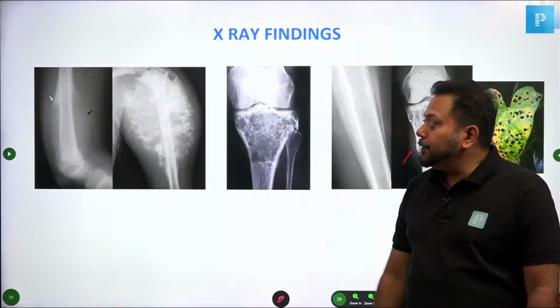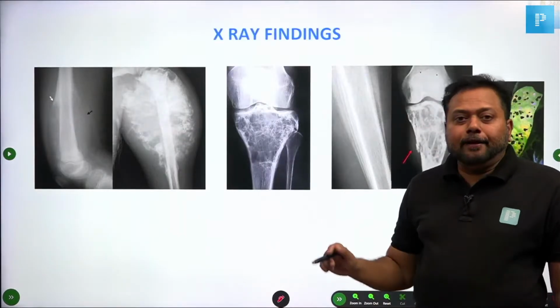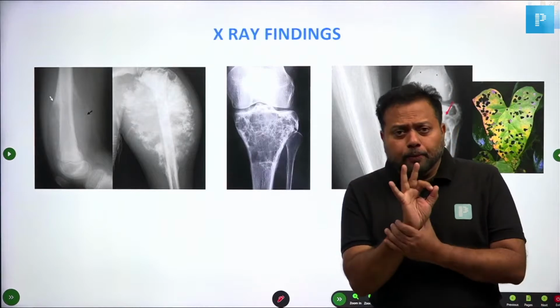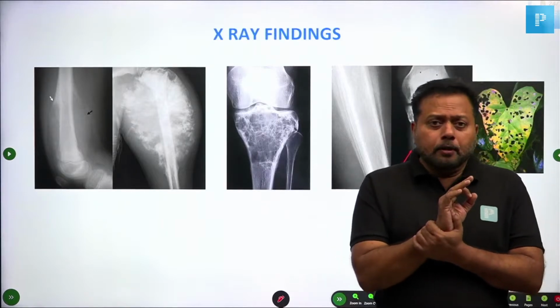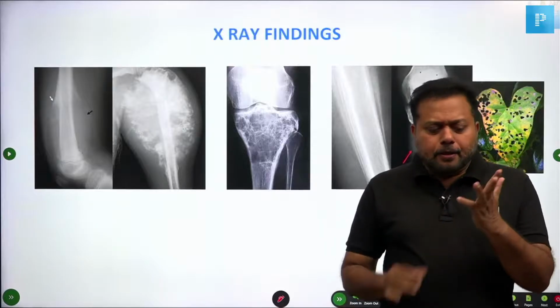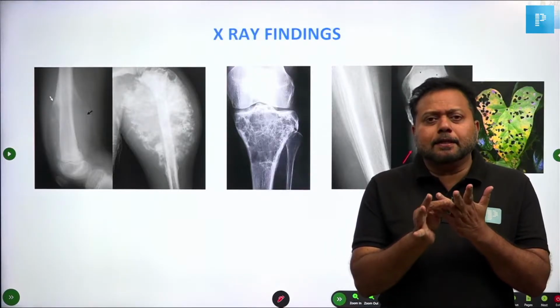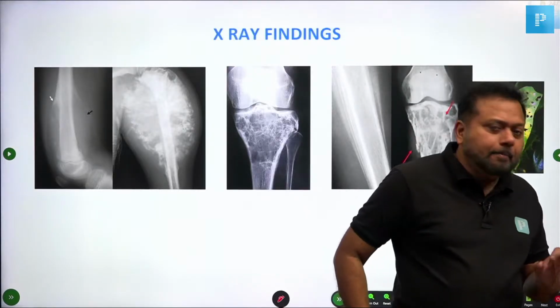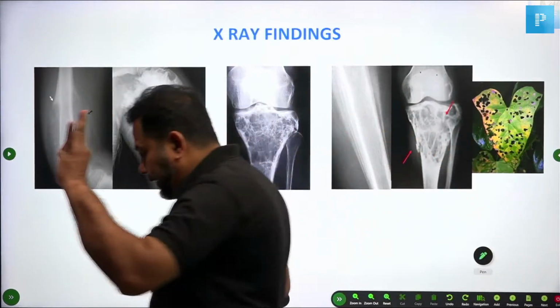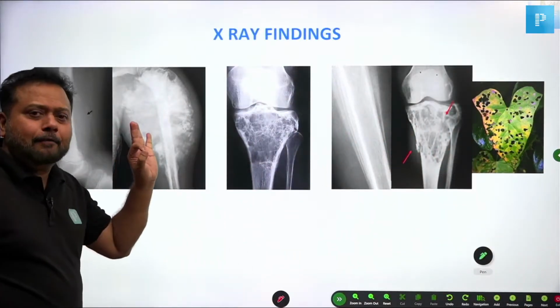Osteogenic sarcoma. The X-ray findings of 3 major primary tumors of bone. I had not included multiple myeloma in this. The 3 major ones are osteogenic sarcoma, giant cell tumor, Ewing sarcoma. These are the radiological features. Please focus your full attention. I will make it very simple and finish in 1 minute.